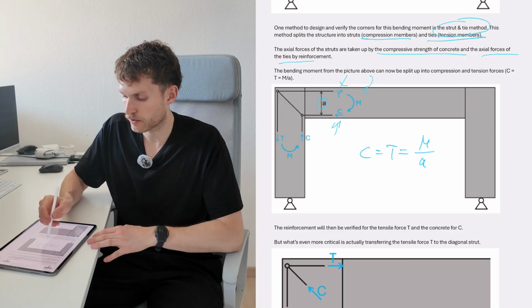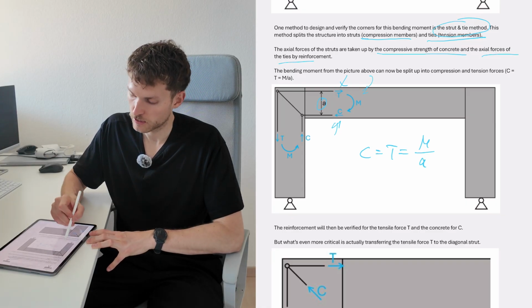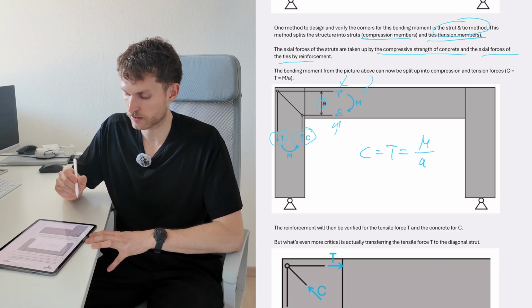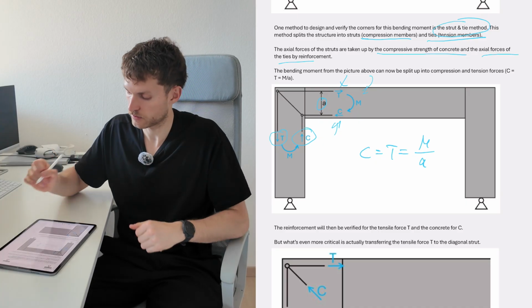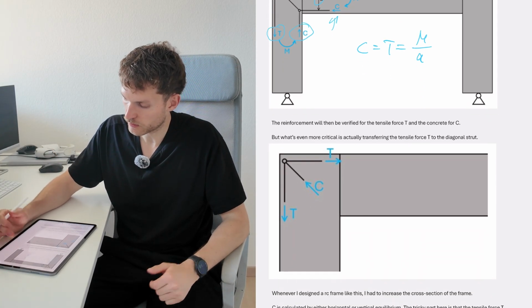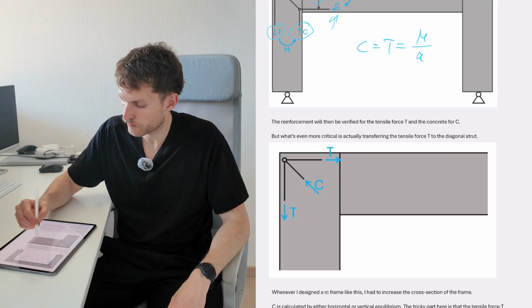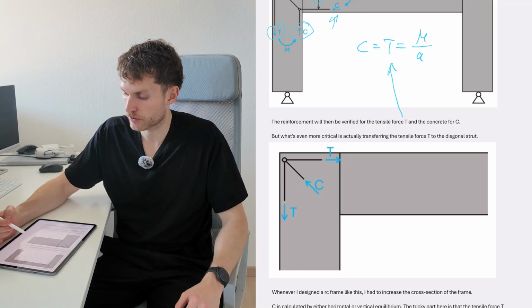And because we have a moment and force equilibrium in this corner, we also have a tie here in the opposite direction and a strut here, because we have the same moment on the other side of the corner. Now the reinforcement will be verified for the tensile force T, so this one, and the concrete force C.